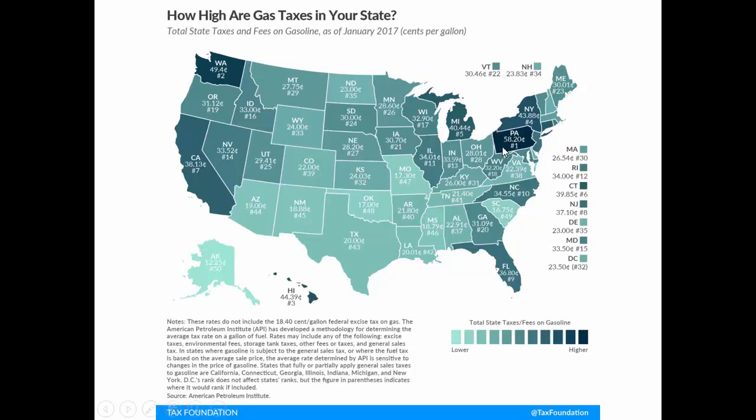For example, in Pennsylvania, they have 58 cents per gallon compared to Kentucky, 26 cents per gallon. And I'm sure many of you have noticed that when you drive from West Virginia to Kentucky, immediately the fuel is a little bit cheaper. And it's because the gas tax in Kentucky is lower.